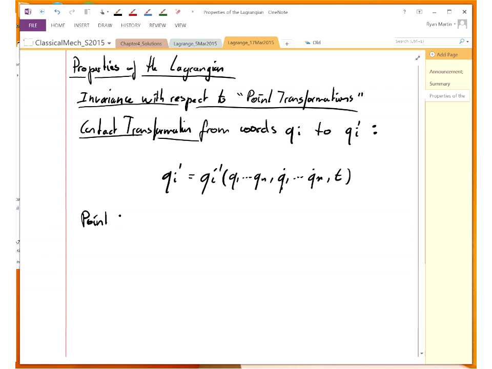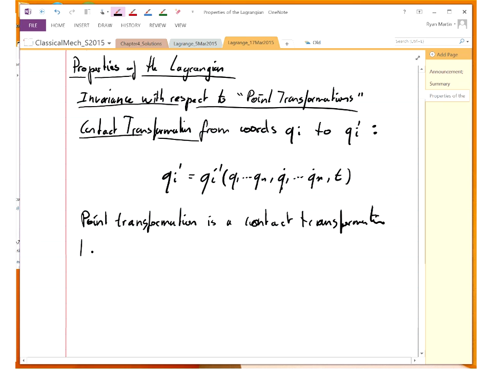So a point transformation is just a special case. A point transformation is a form of contact transformation that doesn't depend on the velocities.